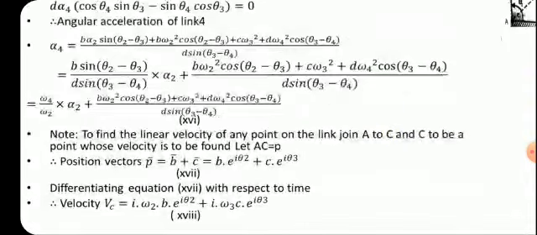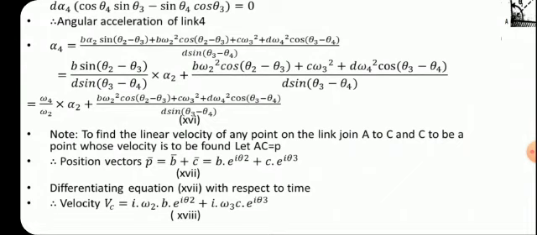Equation 17. Differentiating equation 17 with respect to time, velocity Vc is equal to i omega 2 B e^(i theta 2) plus i omega 3 C e^(i theta 3).